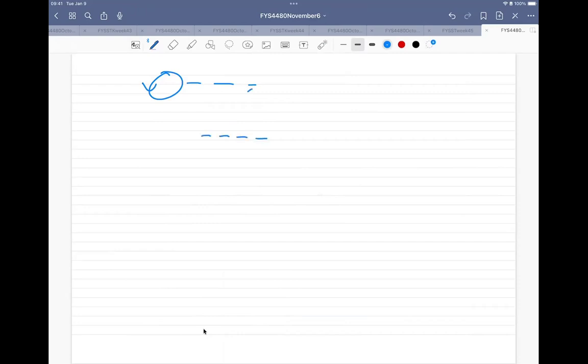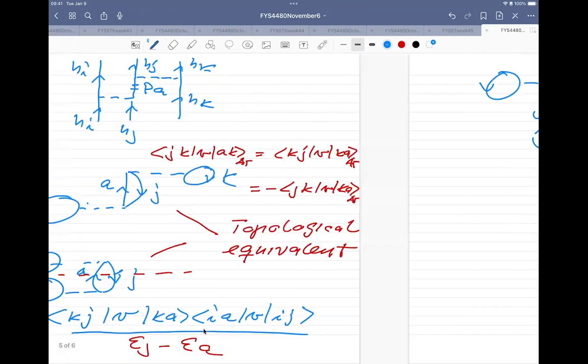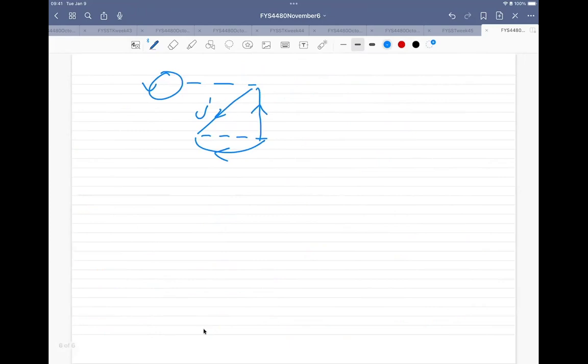And then we have a state J here, we have the state A here, and then we have the state, so let's just write this, that was an I, and this is a K here. So if I want to set up the interaction elements, the first thing I would do is simply to set up the interaction elements.